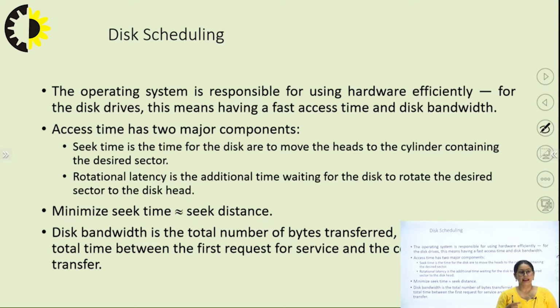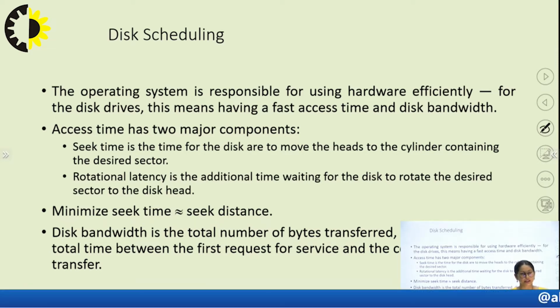When I talk about access time, it consists of two major components. First is the seek time. What is seek time? It is the time the read write arm takes to switch from one sector to another sector, or from one track to another track.